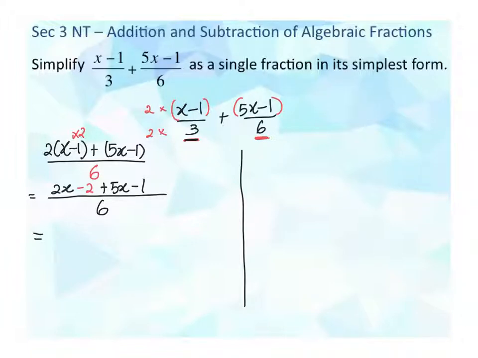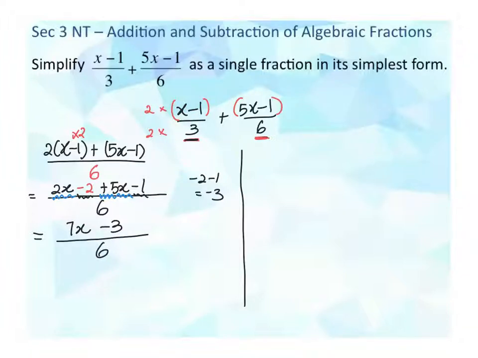And that gives us, we need to simplify the terms together, like terms together. So take note of the sign as well. 2x plus 5x gives me 7x. Minus 2 minus 1 gives me negative 3.